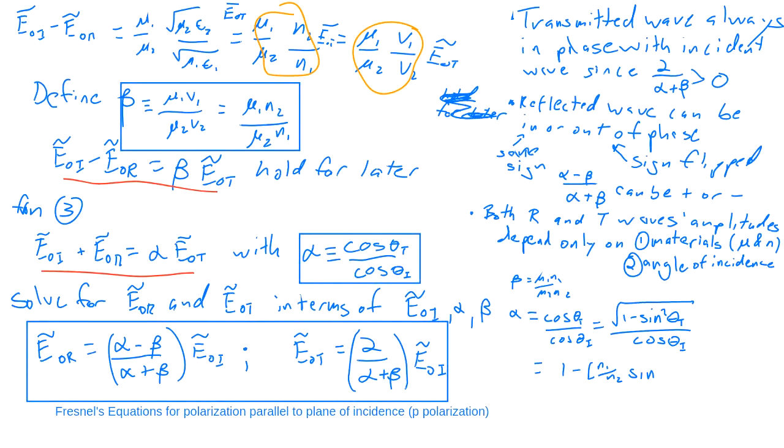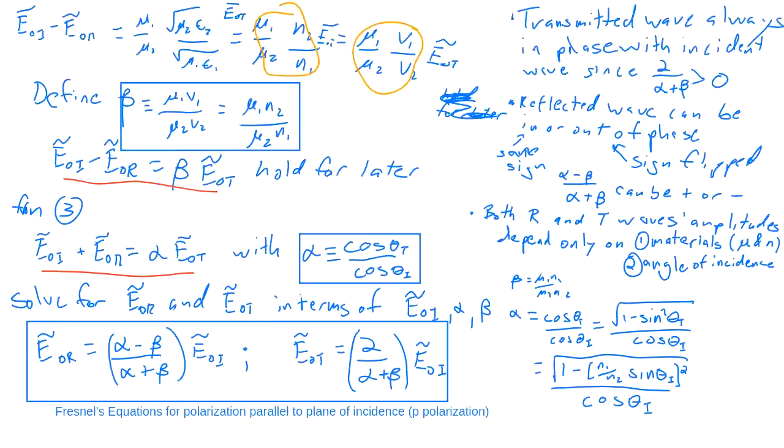And that whole thing is playing the role of my sine of angle of transmission. So that group gets squared, and that was all under a square root. And that's still divided by cosine theta I.